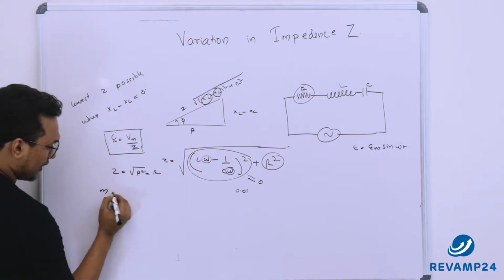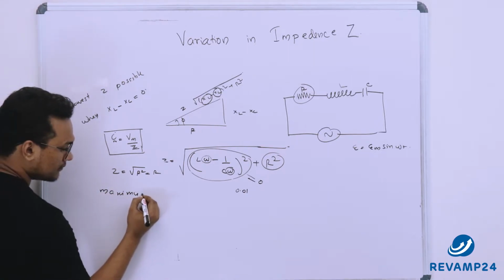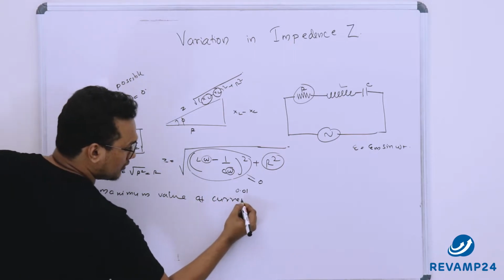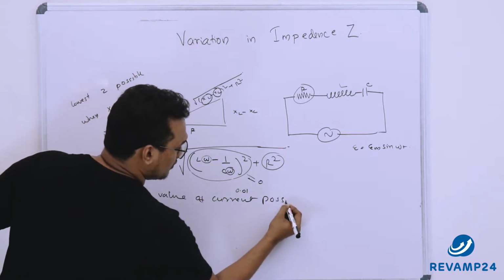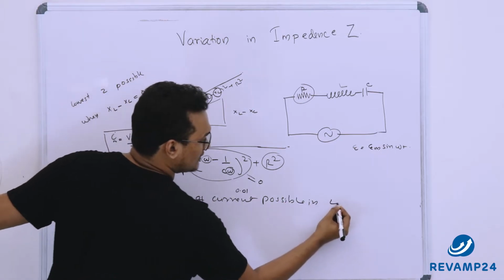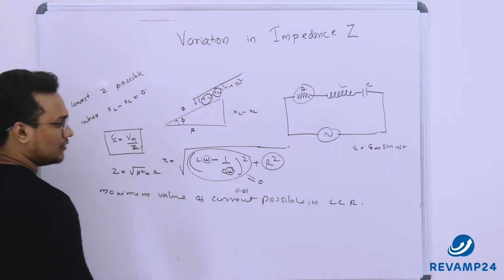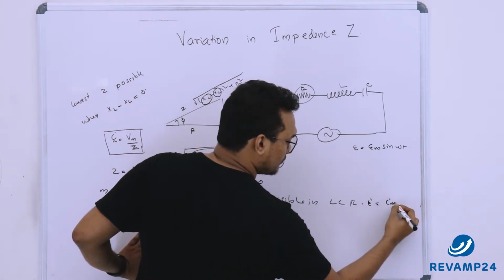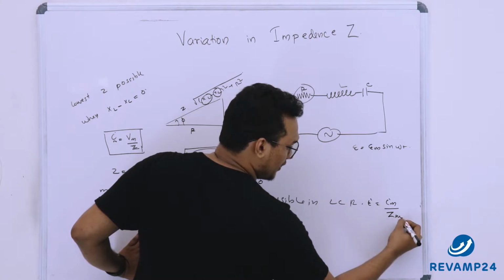So the maximum value of current possible in an LCR circuit. What is that value? The value is I equal to Im divided by Z minimum.